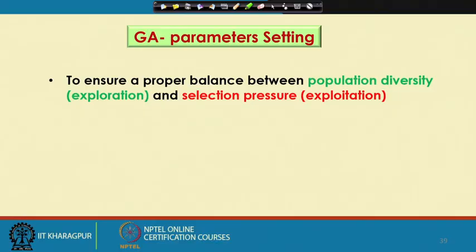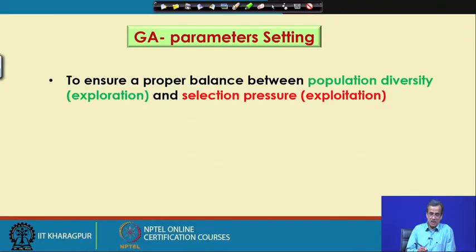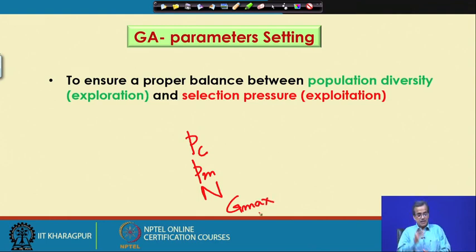By the parameters we mean what should be the value for the crossover probability, that is PC, then the mutation probability, that is PM, then the population size, that is N, then the maximum number of generations, that is G max. Now, let us see what happens if I take a very high value or a very low value for each of these parameters.